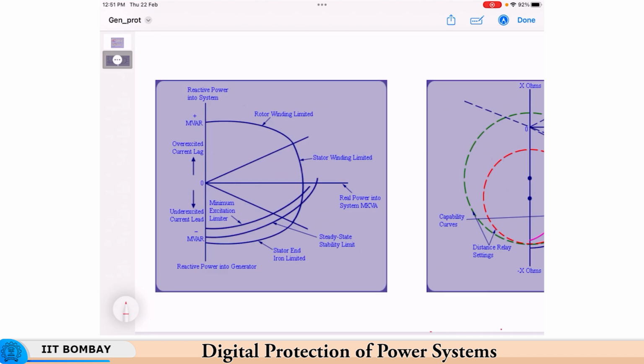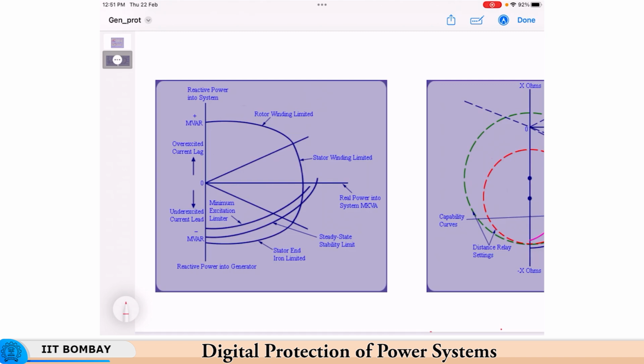As you can see that it is not symmetrical. So, first of all you will have the SSSL or steady state stability limit. Okay. So, when the generator operates at high leading power factors, there is a possibility of it going unstable. So, you have this curve which cuts it and forms what is known as the steady state stability limit.